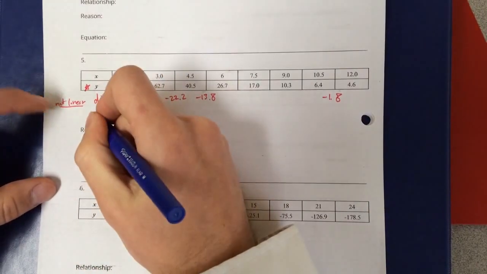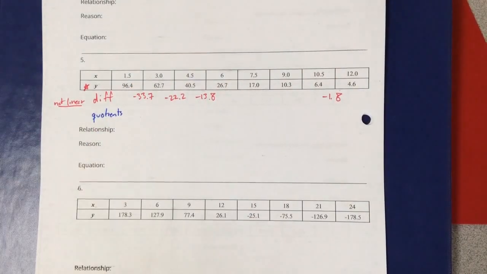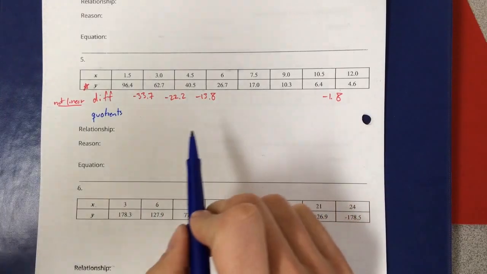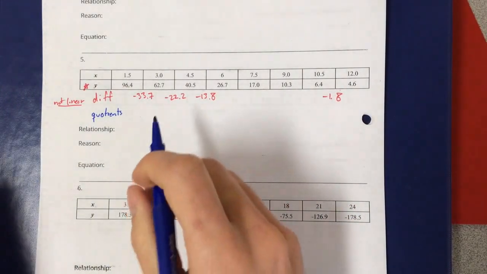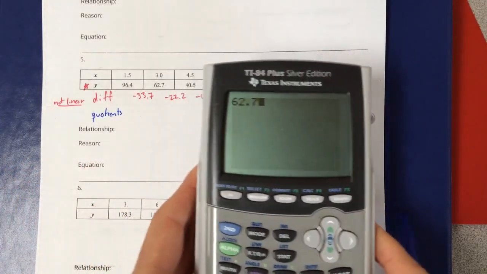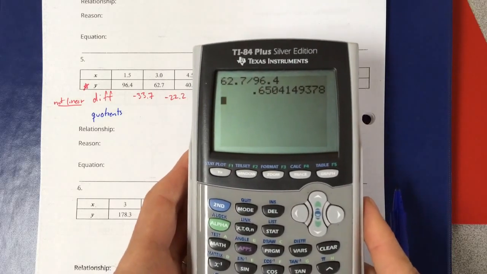So for exponential, I'm going to look at the consecutive quotients this time. Quotient means divide. So instead of subtracting, I'm going to divide these numbers consecutively and see if the quotients are relatively constant. So I'm going to do 62.7 divided by 96.4, which gives me about 0.65.